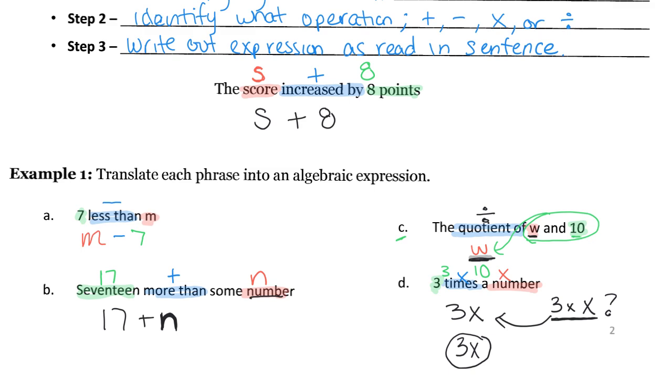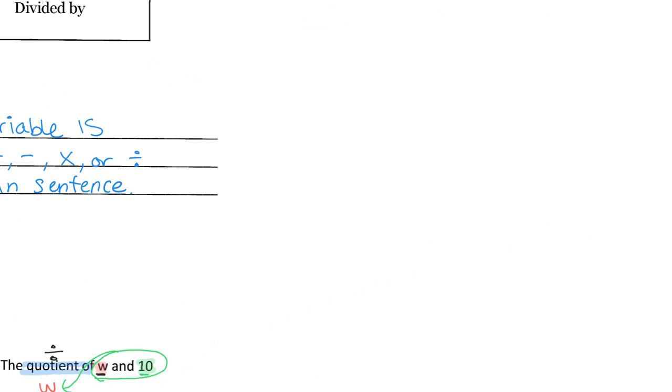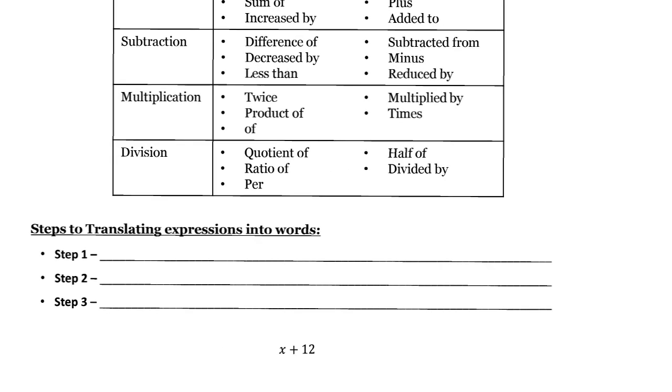Okay? So now we're going to go the opposite direction. So we're going to use the same words, the same box, but now we are going to be given an expression, and we're going to write a sentence using that.